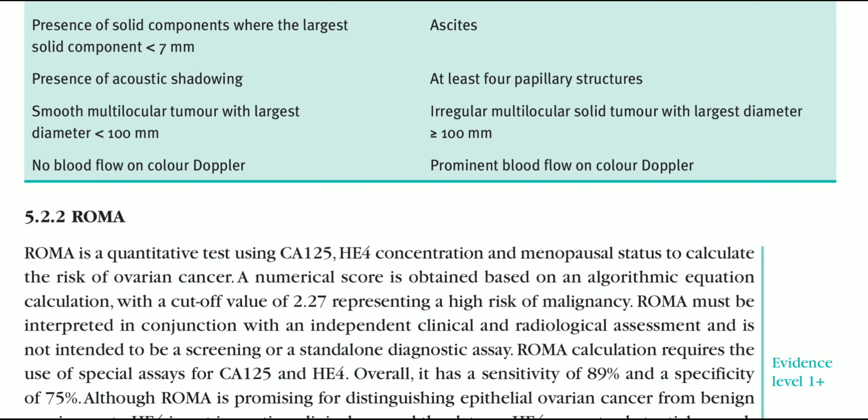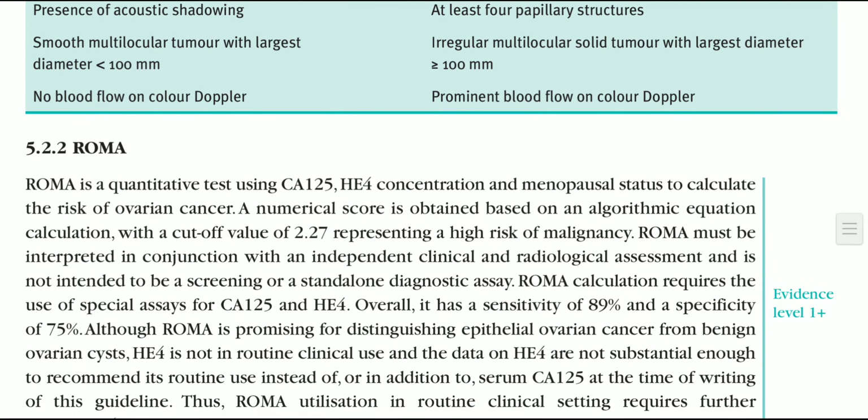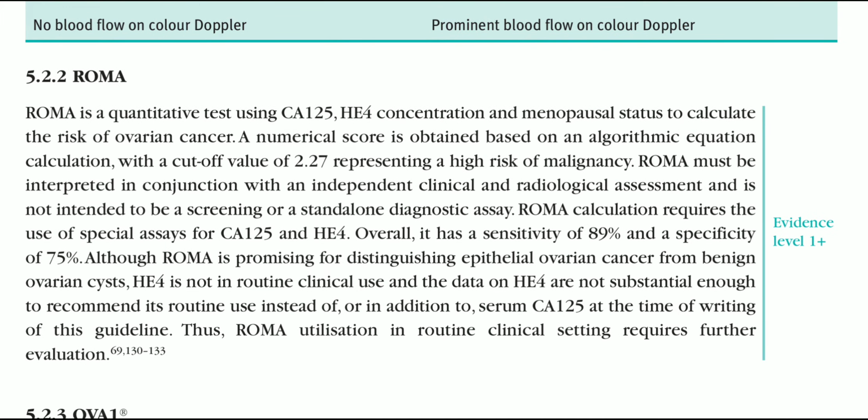Now coming toward the ROMA score. The ROMA score is a quantitative test using CA125 and HE4. HE4, as I have explained previously, is a glycoprotein found in epididymal epithelium. And the ROMA score uses CA125 and HE4 concentration and the menopausal status to calculate the risk of ovarian cancer.